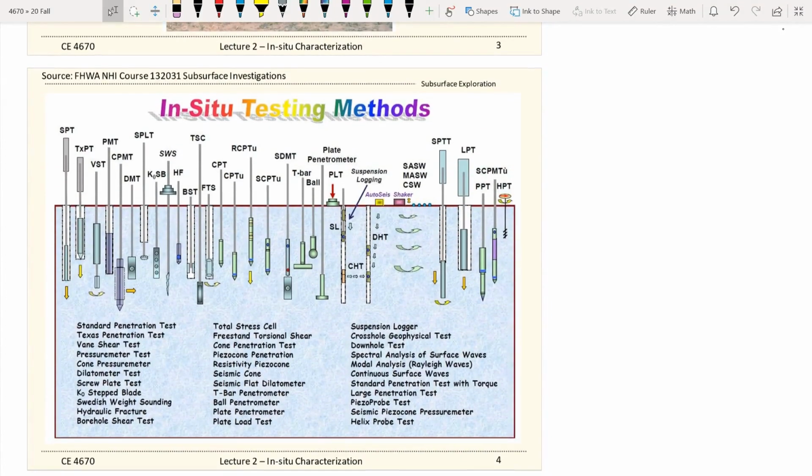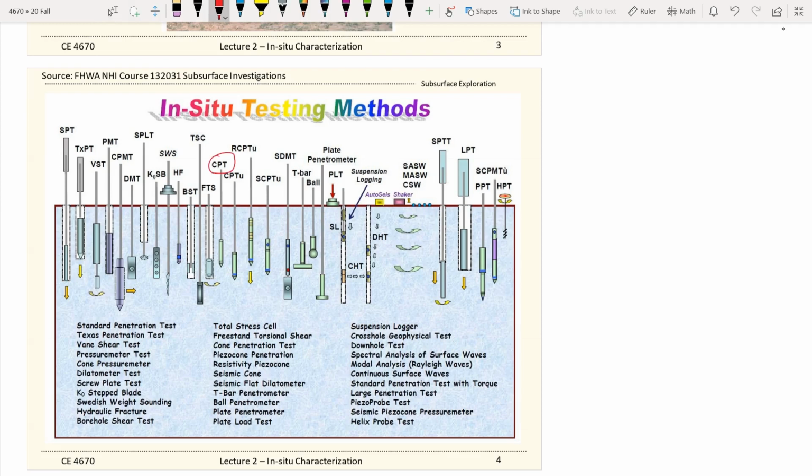Through the development of geotechnical engineering, there are many different types of in situ testing methods available nowadays. There are two main categories. One type is what we call the destructive or intrusive testing method, which means we penetrate into the ground by some means, for example by a cone like the CPT.